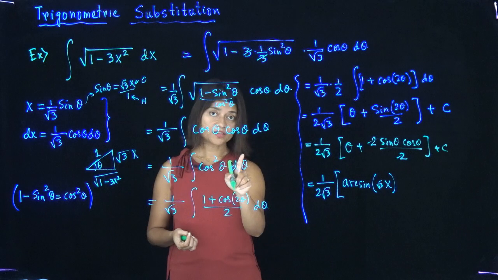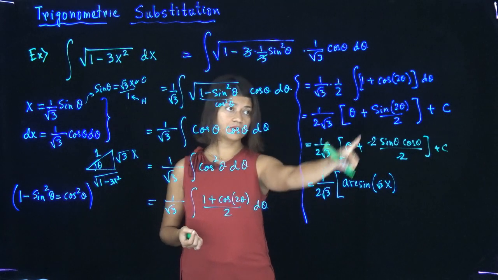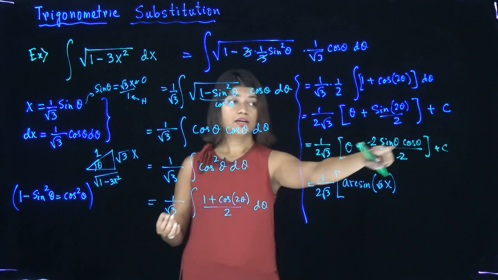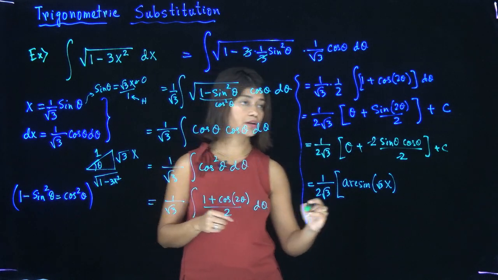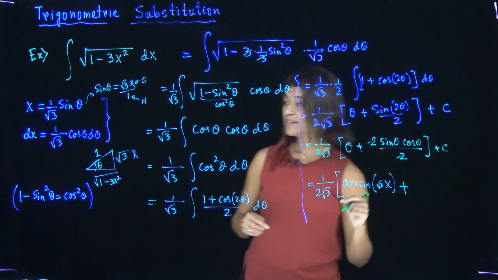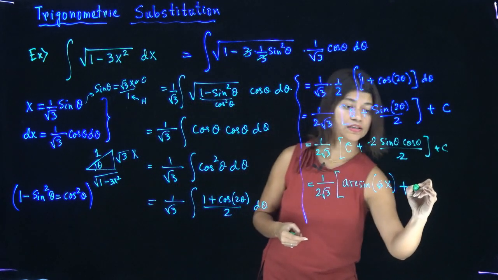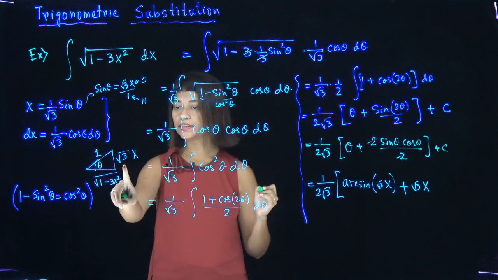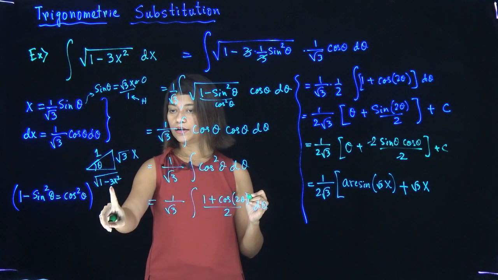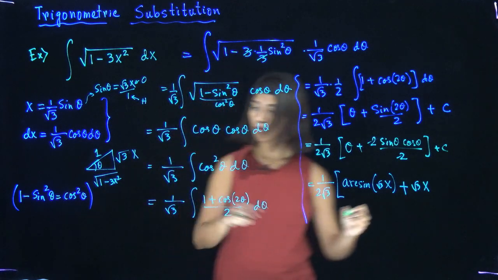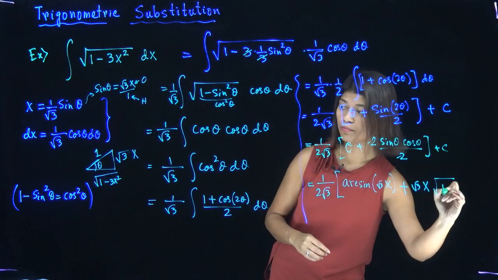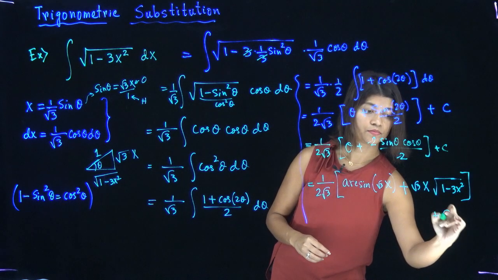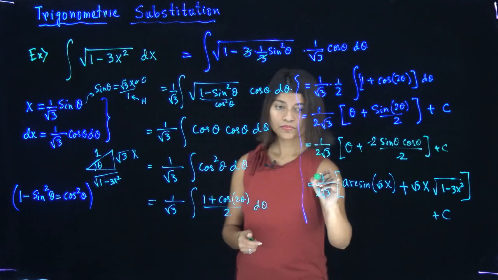Remember, only if theta is by itself do you use the inverse trig. For every other one, you cannot write sine of arc sine. Don't do that. For all the other ones, you use a little triangle to solve. So what is sine theta? We already know sine theta is square root of 3 times x. And now we have to figure out cosine theta, which is adjacent over hypotenuse, which is just the square root of 1 minus 3x squared over 1, which I'm not writing. And that's it. Now we have our answer.